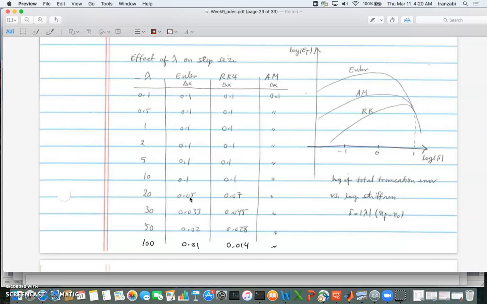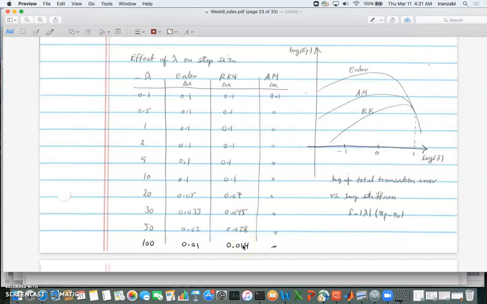So let's say we divide it by 2. Now our delta x satisfies the conditional stability. From this point on, as we increase lambda, we have to proportionately decrease delta x. That's the conditional stability for forward Euler. Similarly, for RK4, we are fine up to a limit, something around lambda equal 10, after which, as we increase lambda, we also have to decrease delta x.